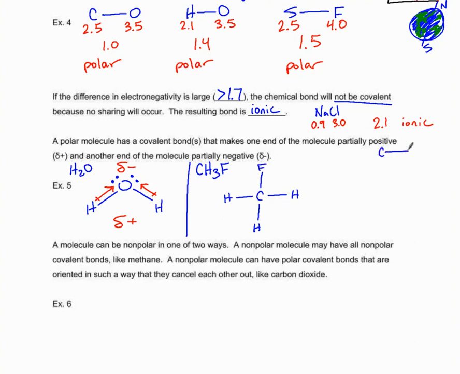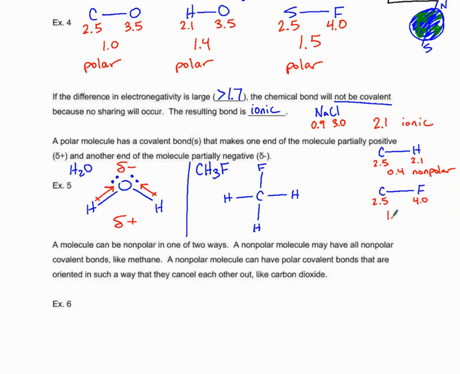So we have to look at each of these bonds individually, carbon to hydrogen and carbon to fluorine. If you look back on the previous page, we find that carbon is 2.5 on the Pauling scale. Hydrogen is 2.1, fluorine is 4.0. So the carbon to hydrogen bonds have a difference of 0.4, which makes each of those nonpolar. So this bond is nonpolar, this bond is nonpolar, and this bond is nonpolar.